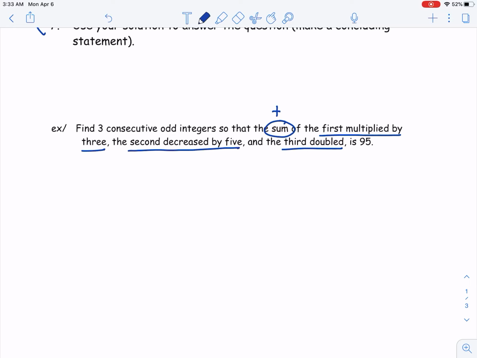So we've got the first odd integer times 3 plus the second odd integer decreased by 5 plus the third odd integer doubled, so times 2. All of that added together is equal to 95.